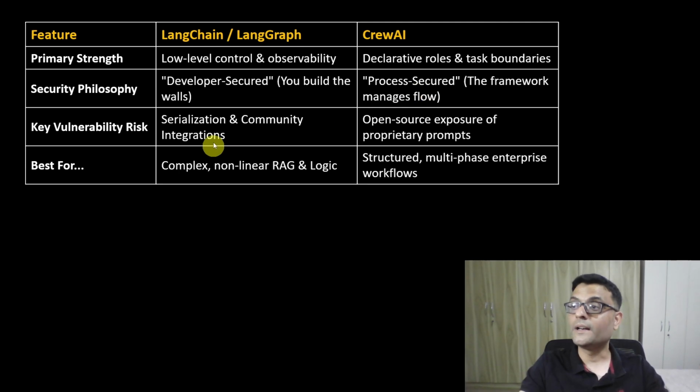The key vulnerability risk for LangChain and LangGraph is serialization and community integration, while the key vulnerability risk for CrewAI is open source exposure of proprietary prompts. What is LangChain best for? Complex, non-linear RAG and logic. And CrewAI is best for structured multi-phase enterprise workflows.